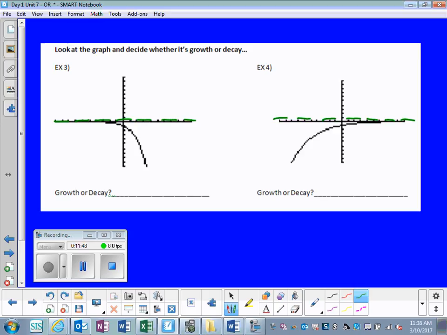Yes, it's decreasing, but it's growth, because growth and decay is all about magnitude. It's not about value, but magnitude. So the first one is growth, the second one is decay. This one is growth because my line goes away from the axis.